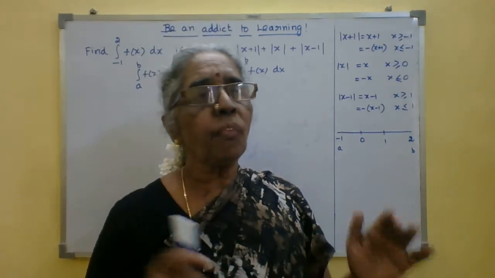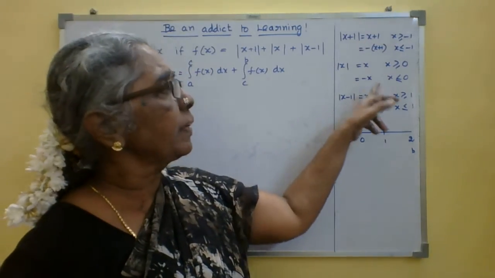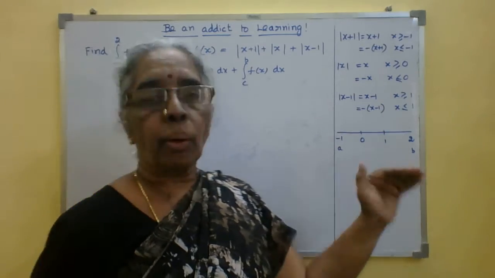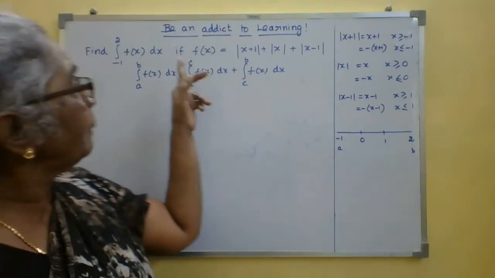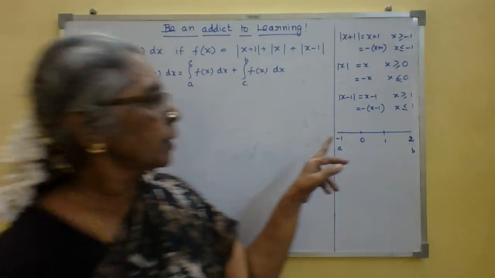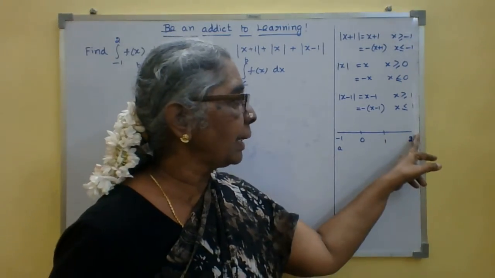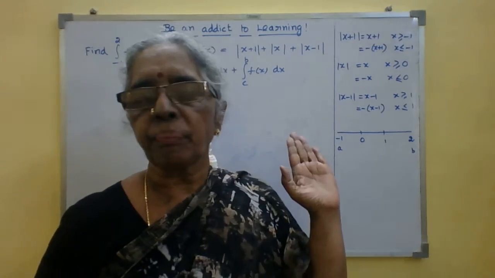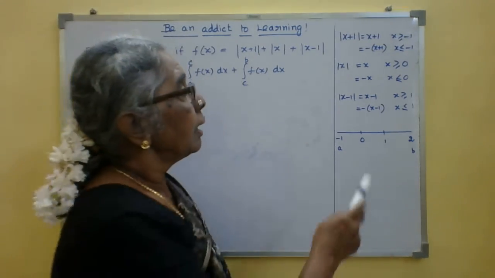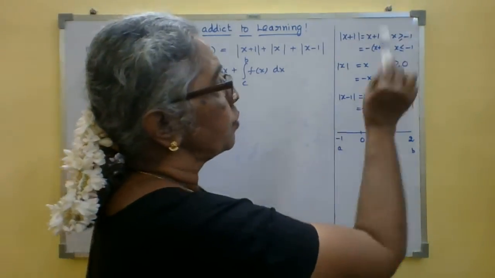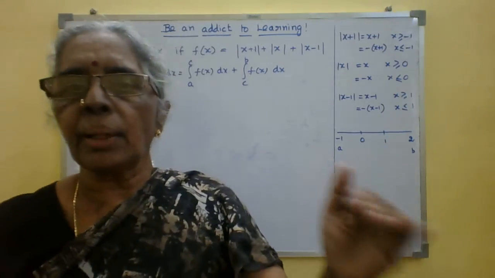Now, once you find the interpretation for the three modulus, you have to draw a number line. Here our limits are minus 1 to 2. So that minus 1 is my a, the lower limit, and the upper limit, that is 2, that is b. Now in between, we have actually three values for x, minus 1, 0 and plus 1.